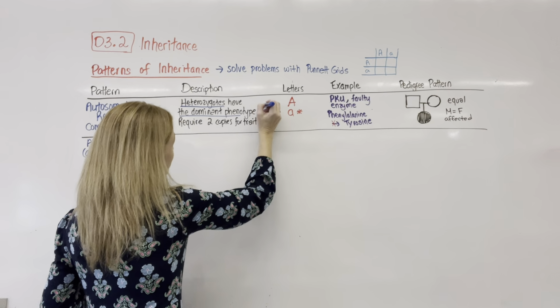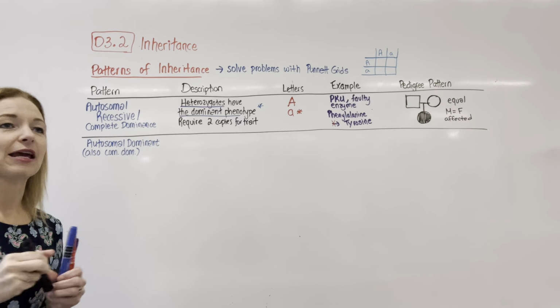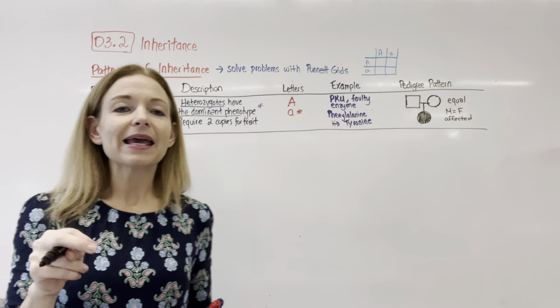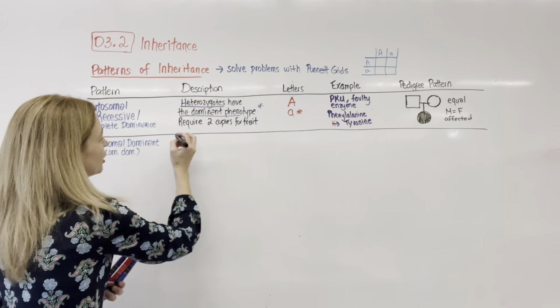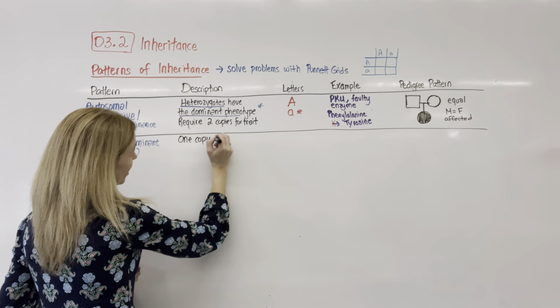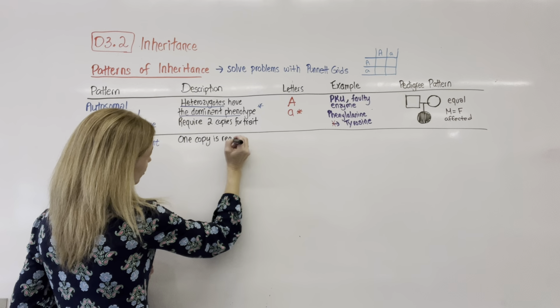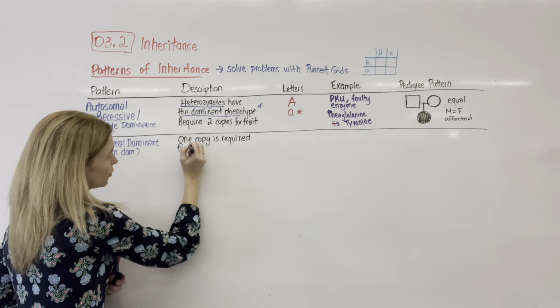So the heterozygotes also have the dominant phenotype. So same idea here. But in this case, you only need a single copy. So essentially one copy is required for this trait or disorder, which means heterozygotes have it.